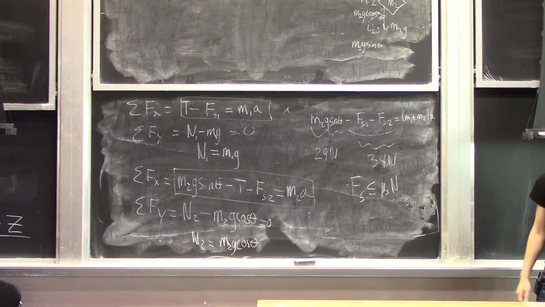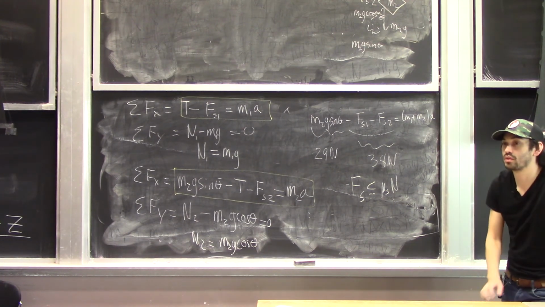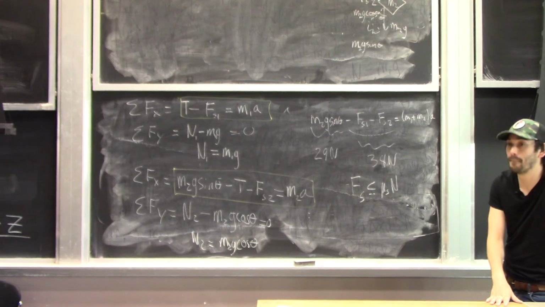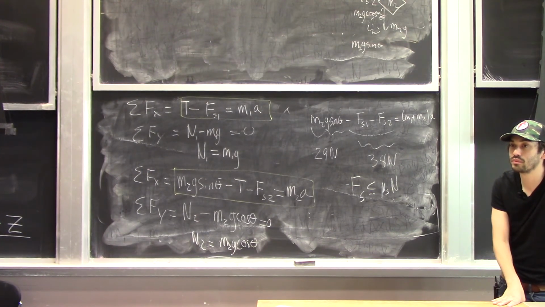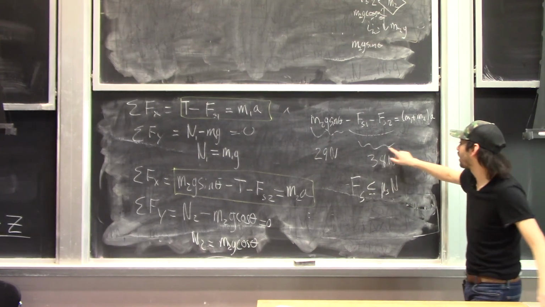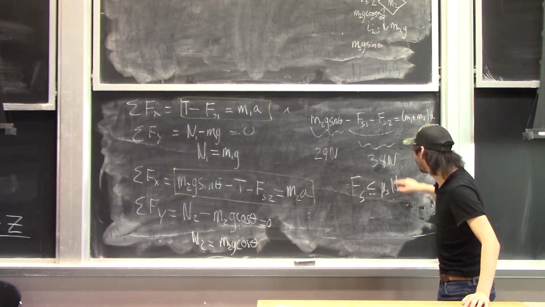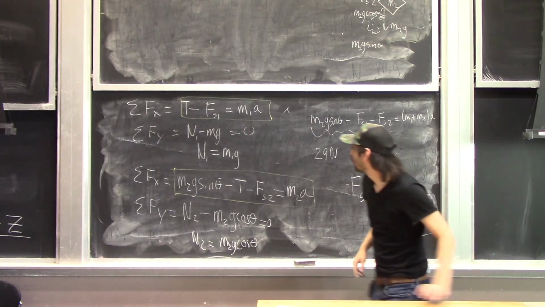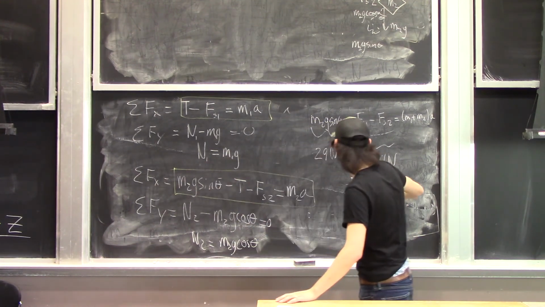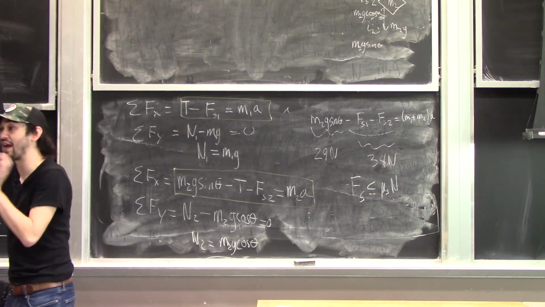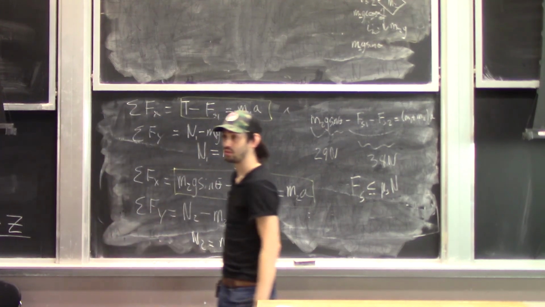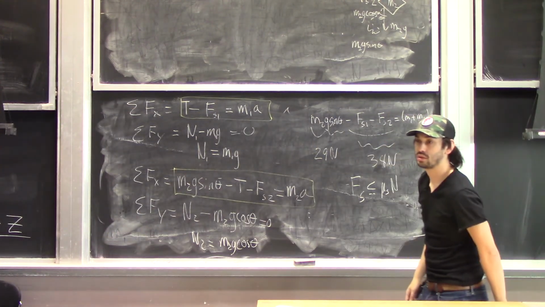So when you solve for mu s times the normal force, can you just solve for it? You could, yeah, and that's actually how I came up with this 38. I came up with that by taking my normal forces and then multiplying by their respective coefficients of static friction and then adding them together. So you would just assume the equal to?